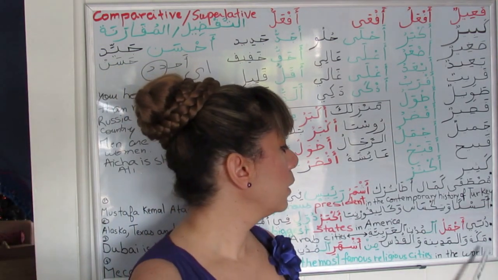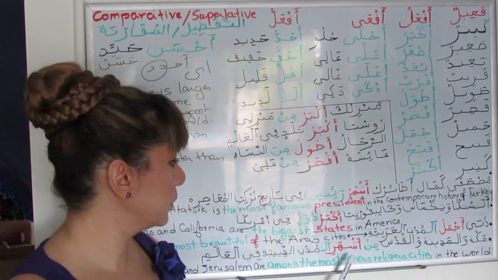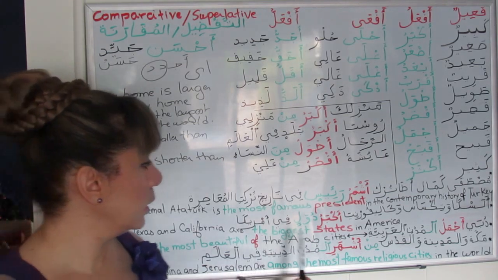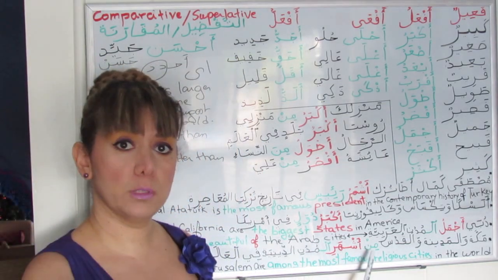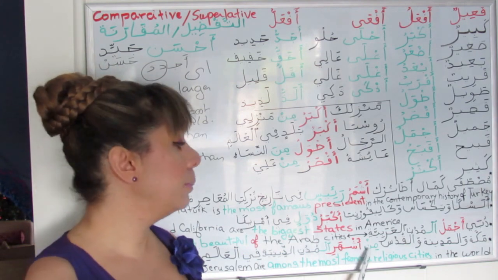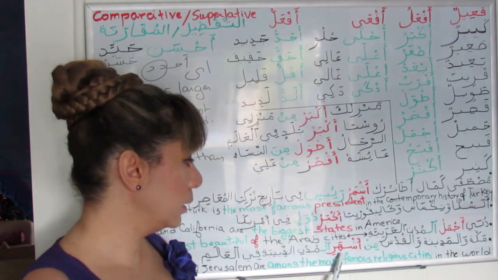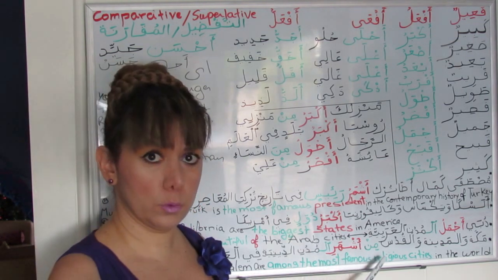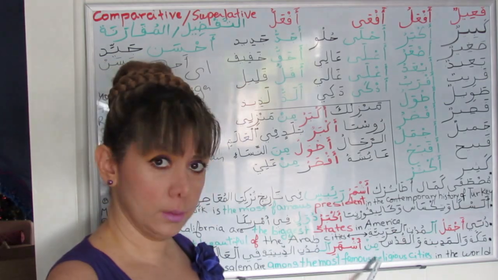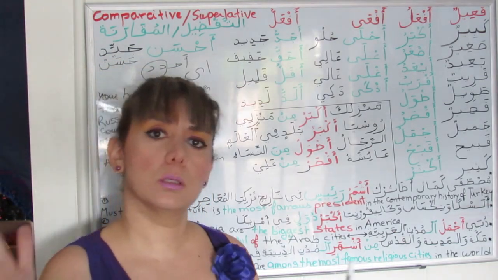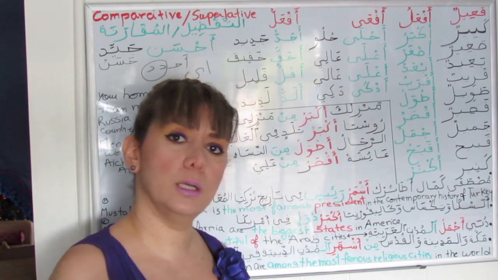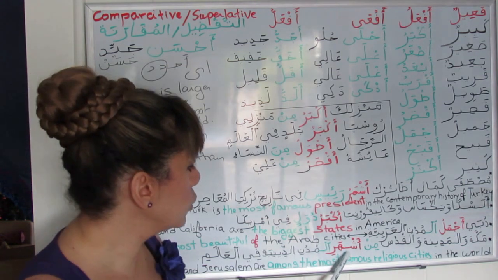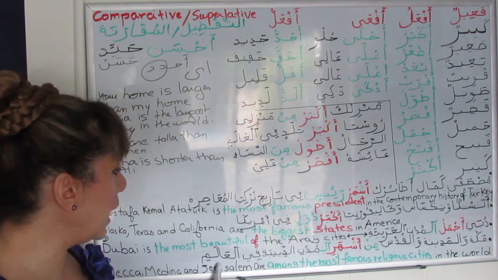Another example, مكة والمدينة والقدس من أشهر المدن الدينية في العالم. Here we have the preposition min before أشهر. In this case, it's in a genitive form because of the preposition min, because with prepositions whatever comes after is normally in the genitive form with kasra or kasratain. أشهر المدن الدينية في العالم.